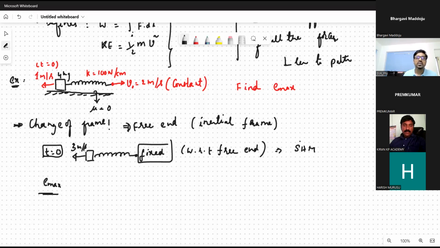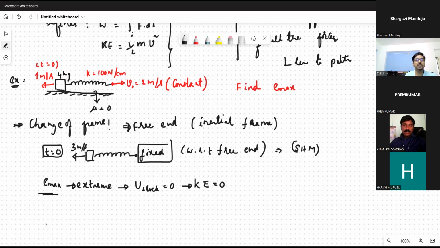So you will have maximum extension at an extreme position. At the extreme position, you know that the velocity of the block in this frame has to be 0. It comes to rest. When velocity of the block is 0, then kinetic energy of the block has to be 0 there.